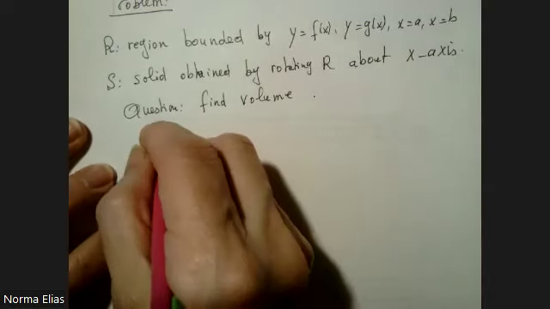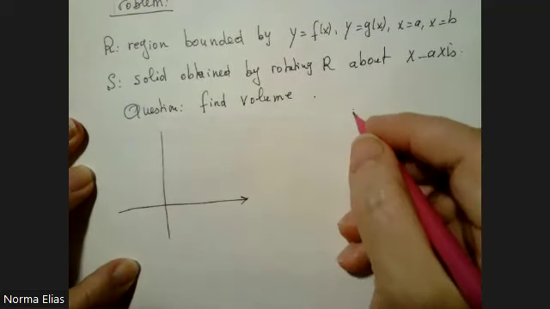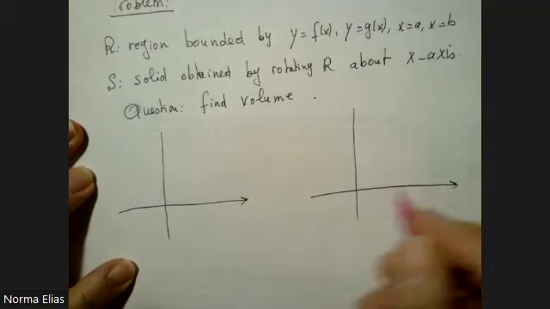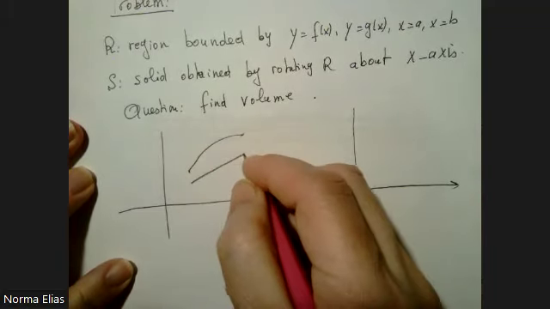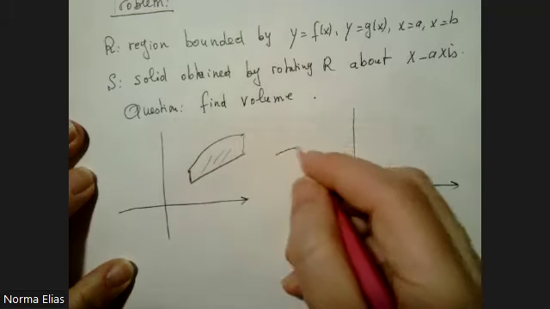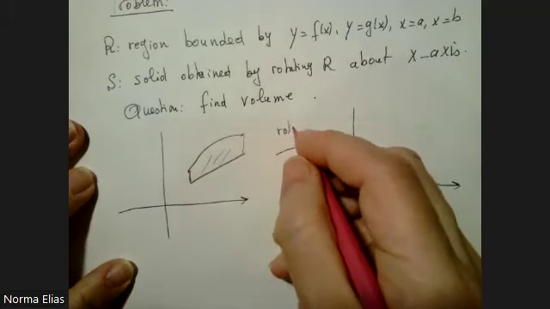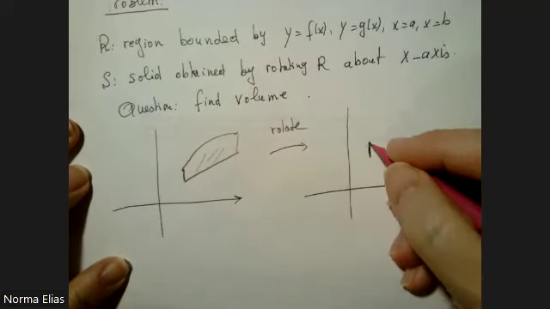As I said, no formulas, but this is the way we are going to do it. All right, so this is my region here, and this is the region rotated. Something like that. Okay, that's my region R. I'm going to rotate, and when I rotate, we get that.